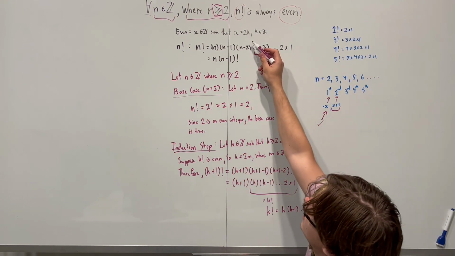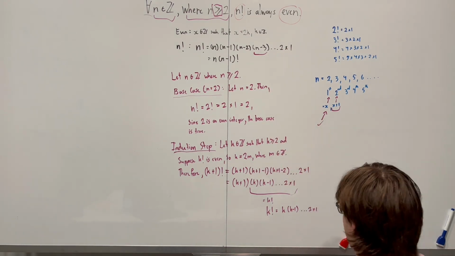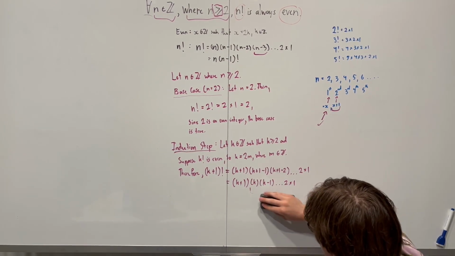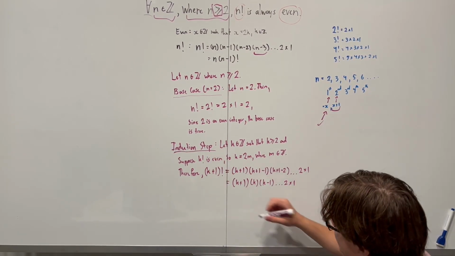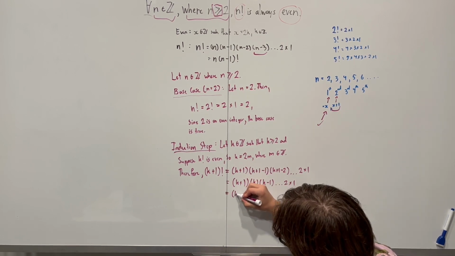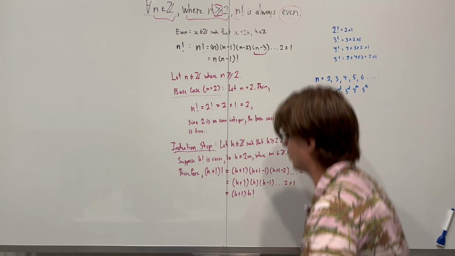If we just eliminate the first two and the last two of the sequence, we're getting our k factorial back that we supposed earlier, and we can write this as k plus 1 multiplied by k factorial.